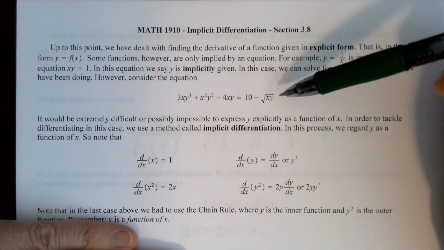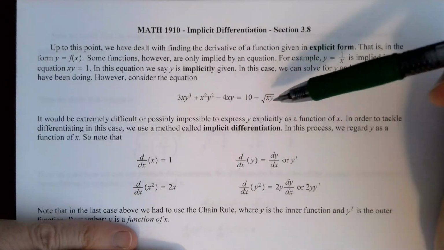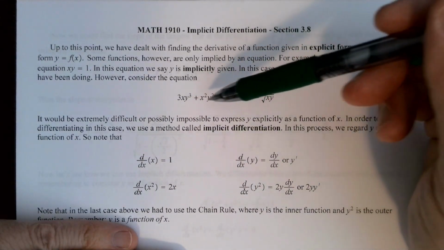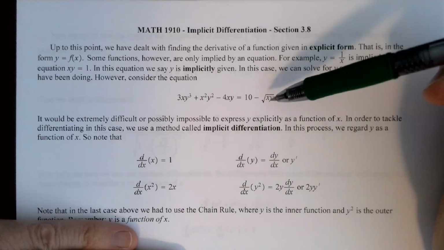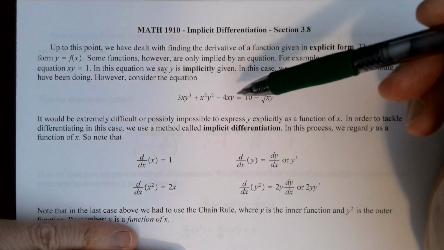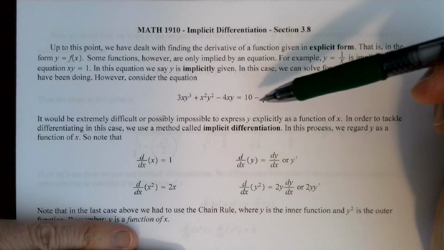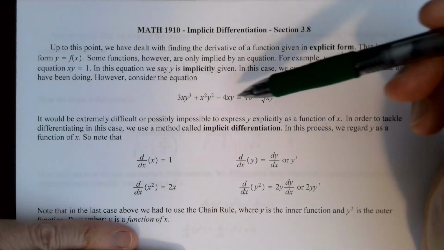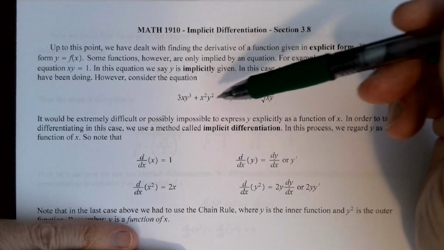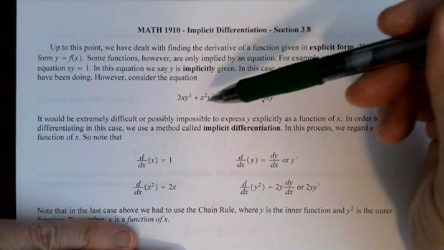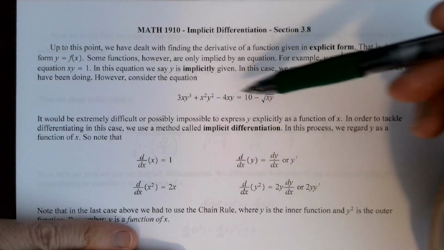However, we would still like to be able to talk about the derivative of the function y. What is the derivative of y with respect to x in this case? And this equation forms a relation, a set of ordered pairs x comma y that satisfy this equation.